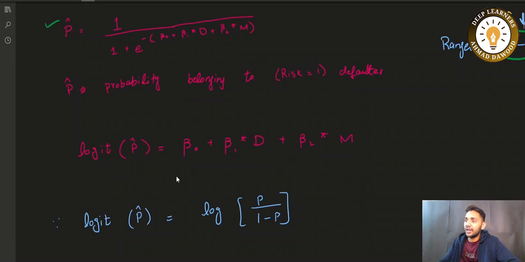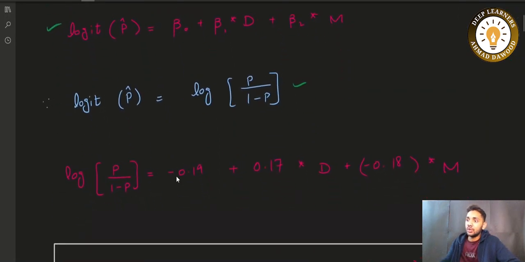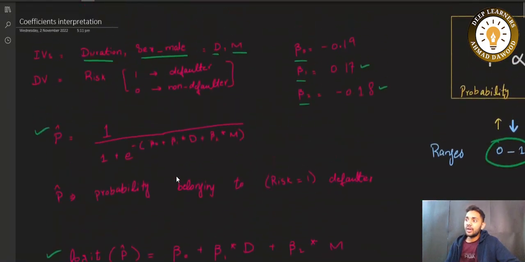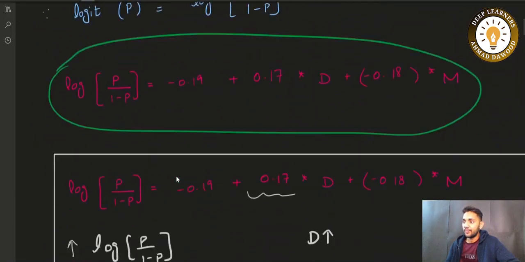So if we write it in this way, it will be logit of p, and logit of p is the log of odds of being default. So this is our equation, keeping in mind I am considering just two variables, duration and sex male.